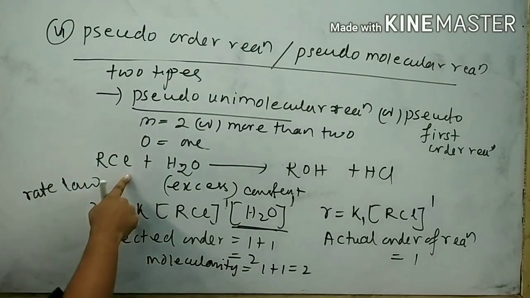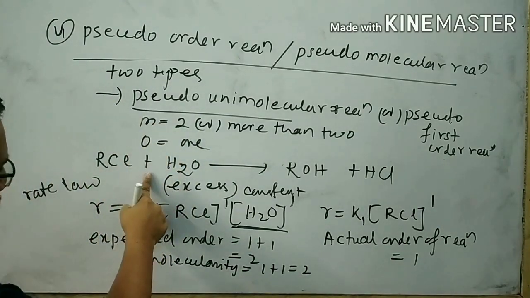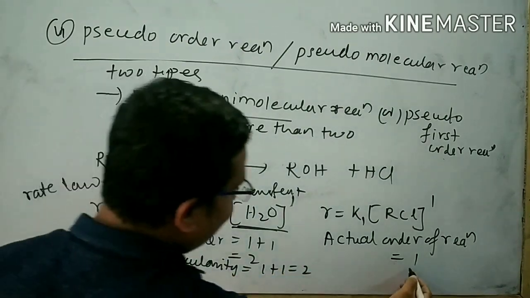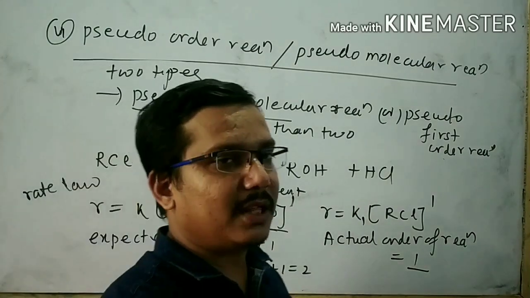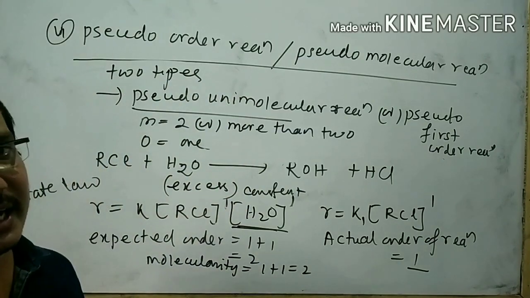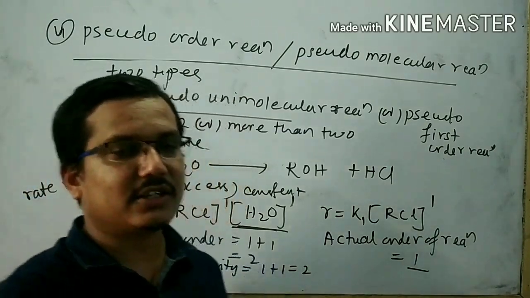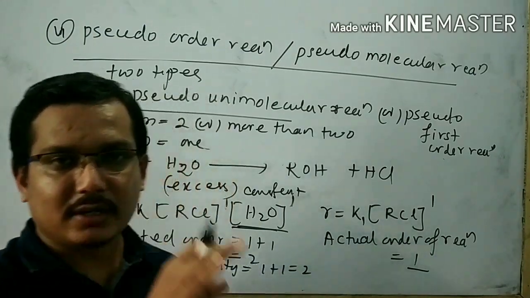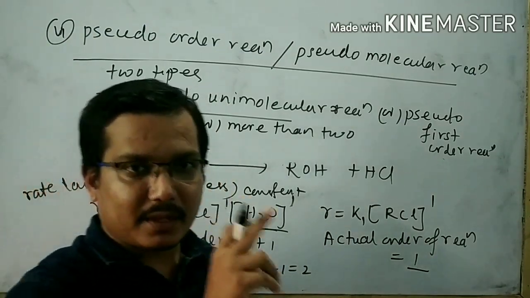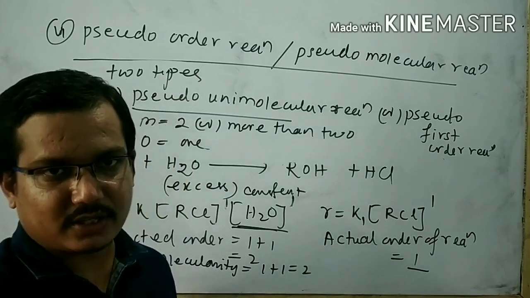That means in this reaction the molecularity is 2 but the order of reaction is 1. So it belongs to pseudo unimolecular reaction. Remember an important point: if the concentration of any one of the reactants is taken in excess, that is considered as a constant and this term will not be added in the calculation of the order of reaction.